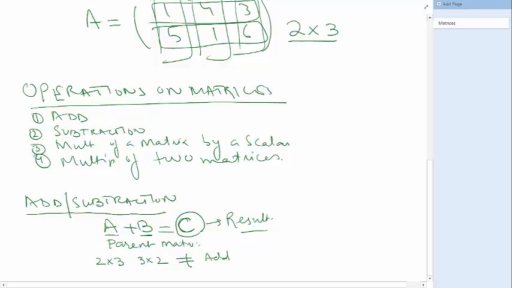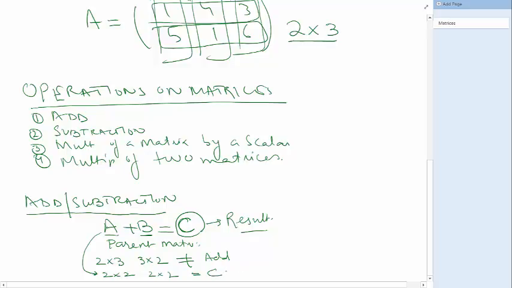For addition to be true, let's suppose matrix A has order 2 by 2 and matrix B has order 2 by 2, then we can execute the addition.